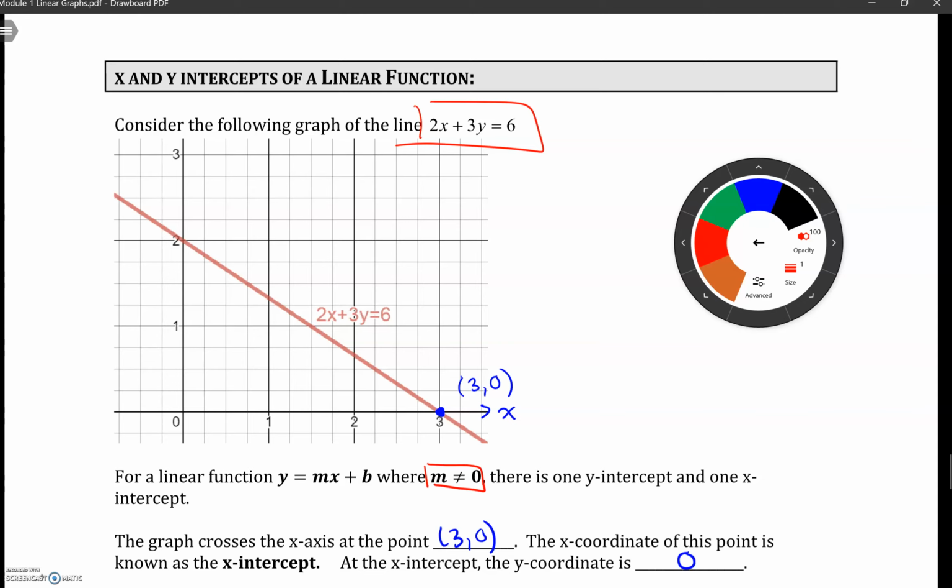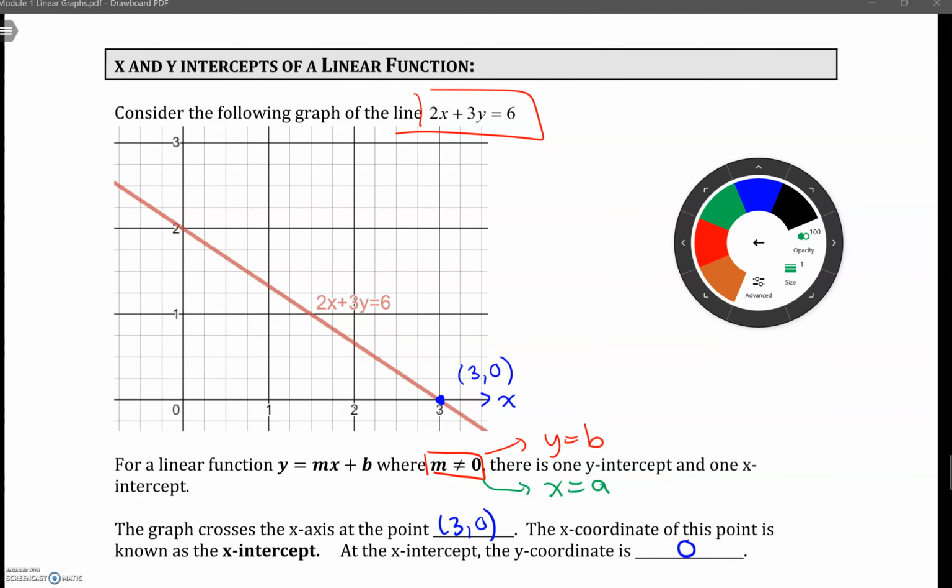If the slope is equal to 0, then the equation is just in the form y equals b, and it's a horizontal line. We could also have a line x equals a, and then there would be an x-intercept and no y-intercept, and that would be a vertical line. We're not really going to deal with those this semester.